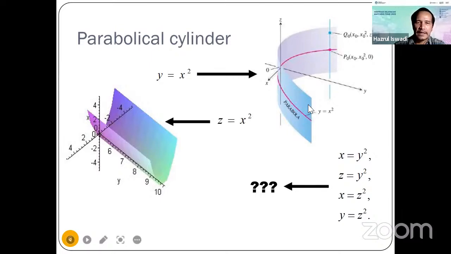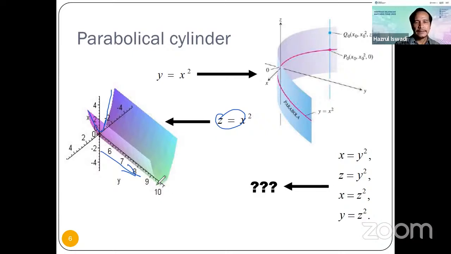And also z is equal to x square means that the curve z is equal to x square moves along the y axis.